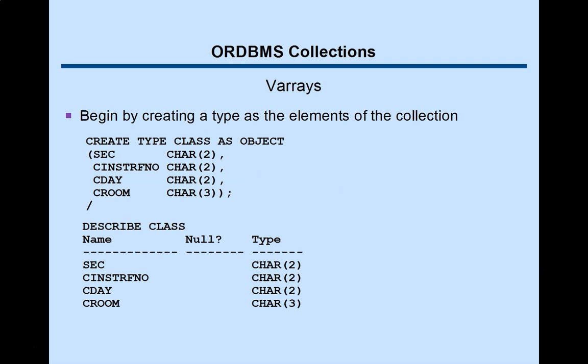Our example begins again by creating a data type that will be used as the data type for the elements of the collection. Here we're creating an object that we call class.